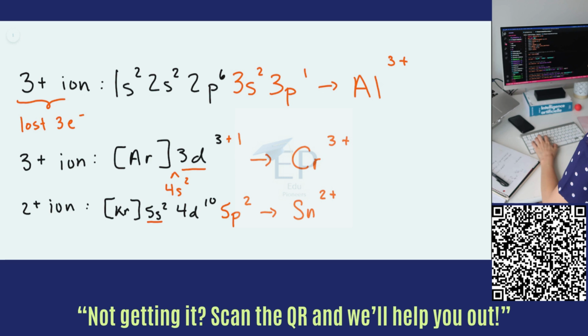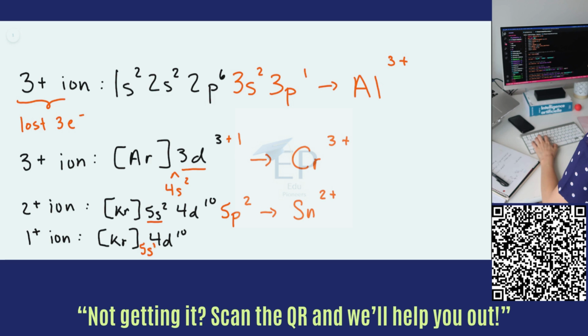All right. Then finally, let's do our last example, which is a 1+ ion, meaning it's lost 1 electron. We have krypton and then 4d10. So again, we know that this element, because it has some 4d electrons, must be located on the 5th period of the periodic table. Again, it will tend to lose its 5s electrons rather than the 4d because 5 is a higher energy level than 4.